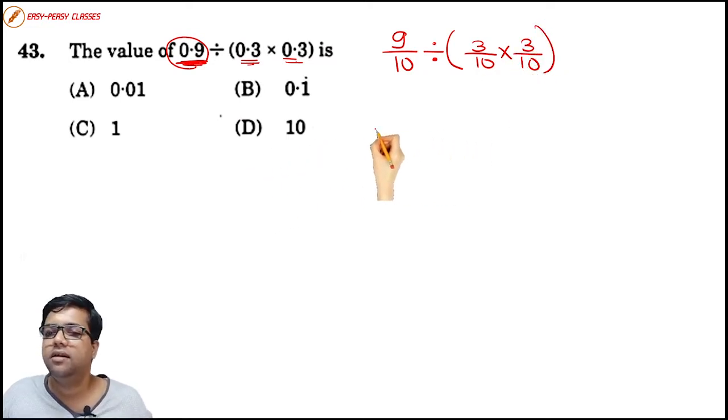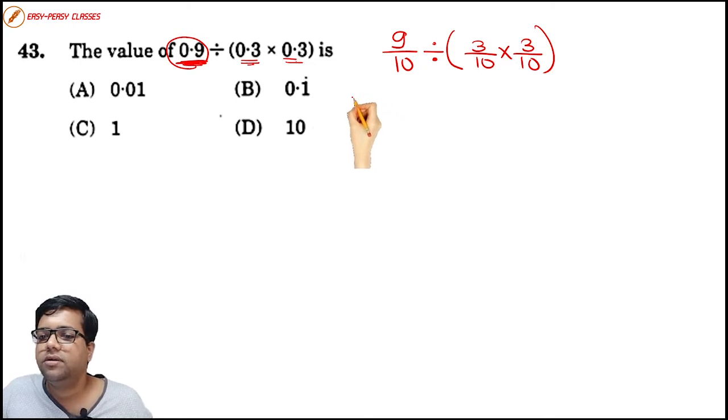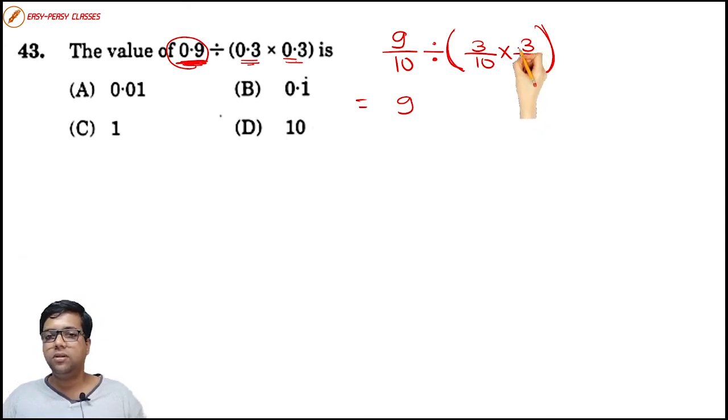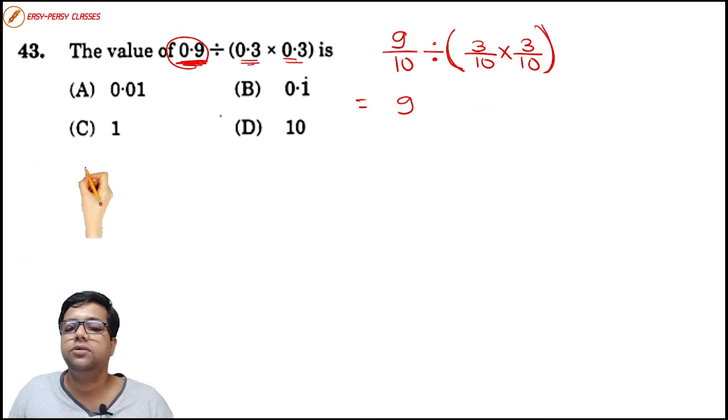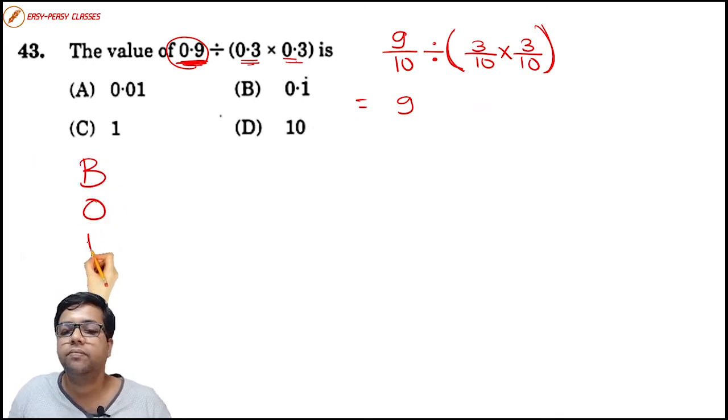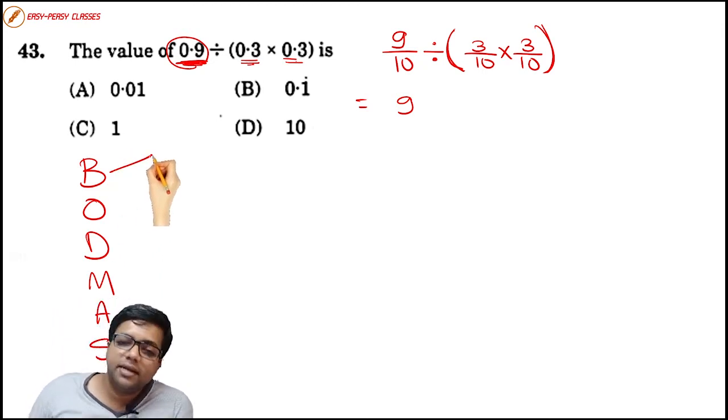Okay. Now, what will you do? You will first attend the brackets. You will attend all the operations, all the calculations that are to be done, which are inside the bracket, because you know the rule, BODMAS. First you will attend the brackets.